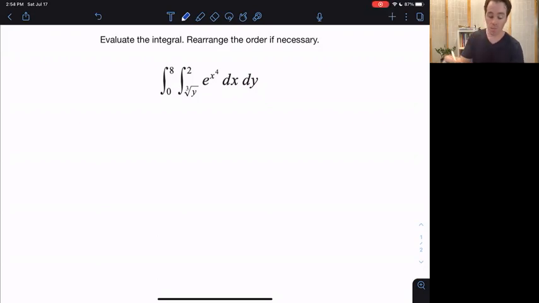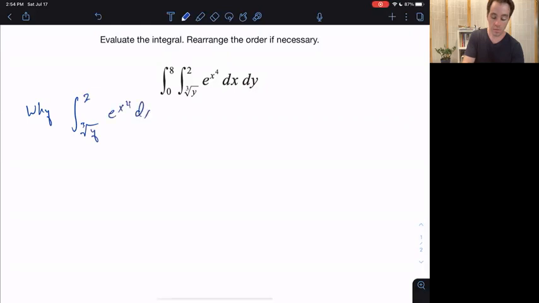And first of all, we should look at why the inner integral as written right now is not evaluable. Why can we not get a value for this?